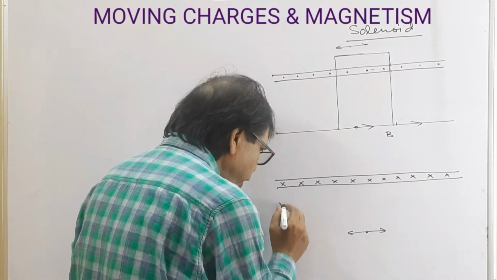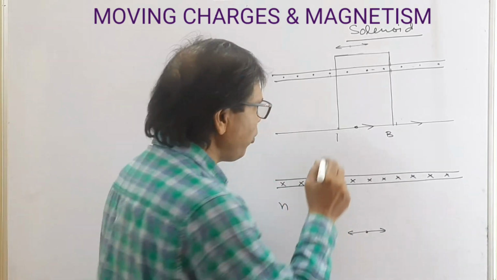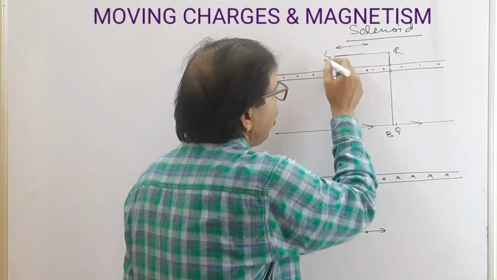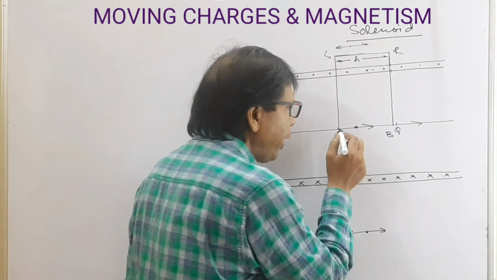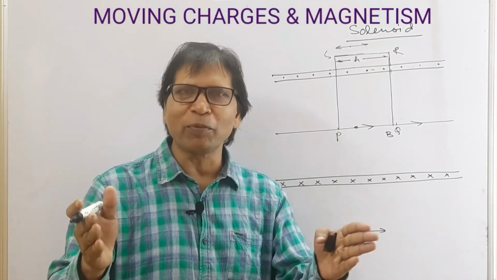Now the number of turns per unit length is small n. Now consider a rectangular loop PQRS, where this side is h, and its one side PQ is on the axis of the solenoid.